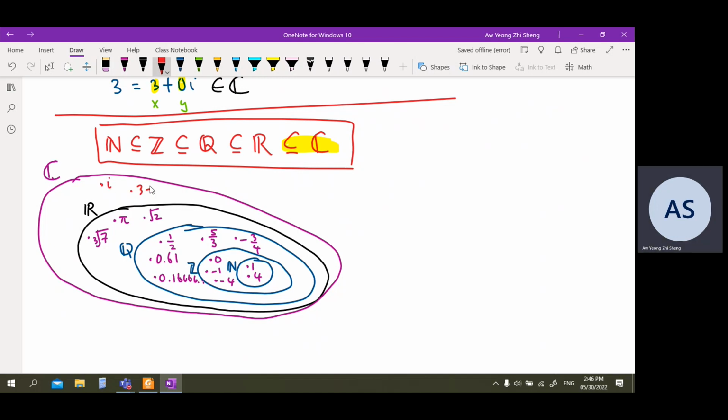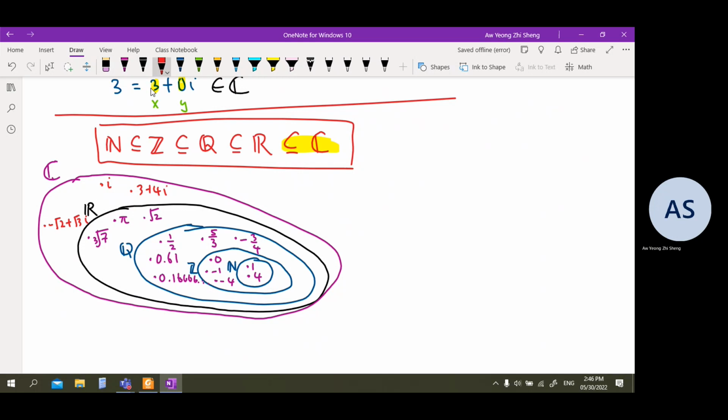You can have like 3 plus 4i, you can have minus square root 2 plus square root 3 i. So basically anything that contains i will be in the set C but not in the set R.